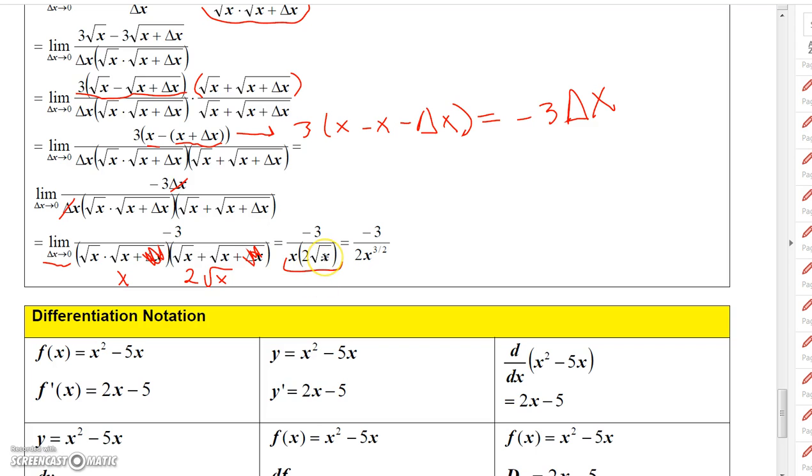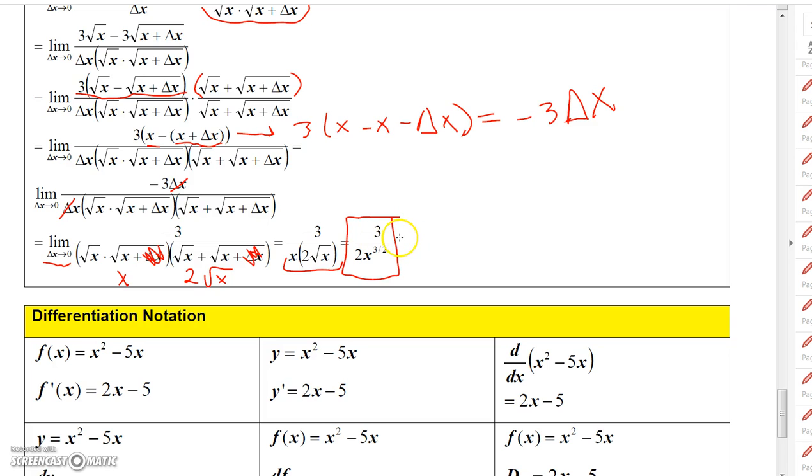Now, since square root of x is the same as x to the 1/2, I went ahead and multiplied x to the first times x to the 1/2 and got x to the 3/2. So I write that as minus 3 over 2x to the 3/2.